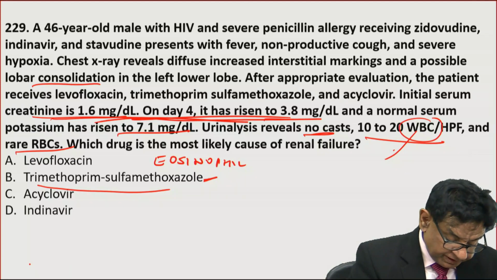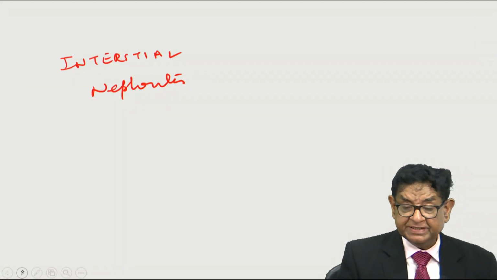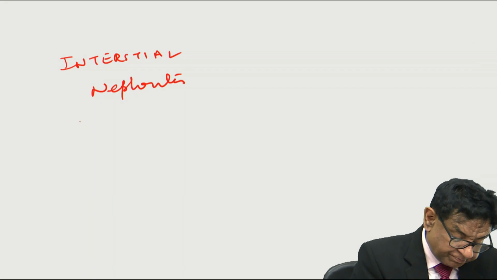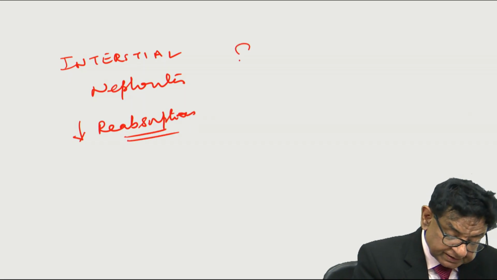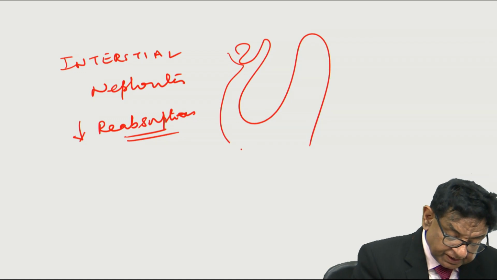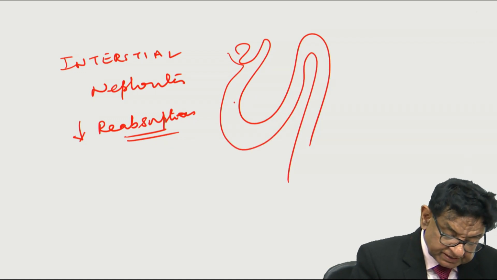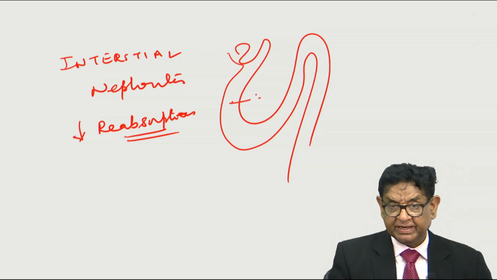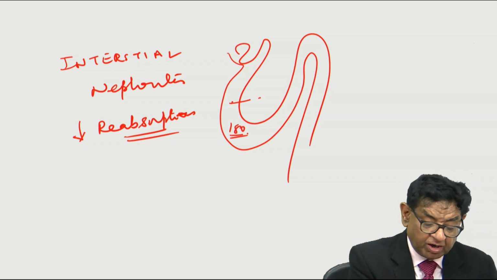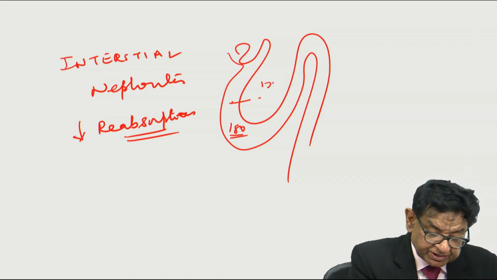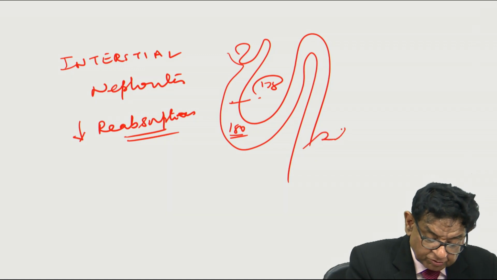Okay? Well, in interstitial nephritis, the basic problem is impaired reabsorption. Why? This is the nephron, and we are well aware that the tubules and interstitium together reabsorb water and electrolytes. 180 liters is filtered from the glomerulus, 178 is reabsorbed, and only 2 liters go out.